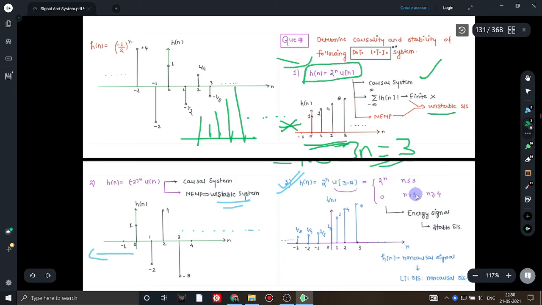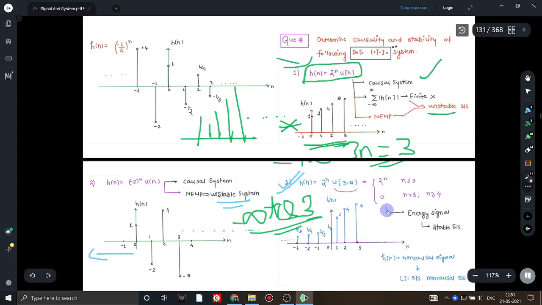So our range here is minus infinity to 3. If n is greater than 3, then our function is 0, which we have shown here. For a discrete function, greater than 3 means greater than or equal to 4.